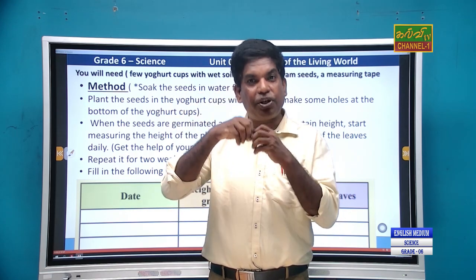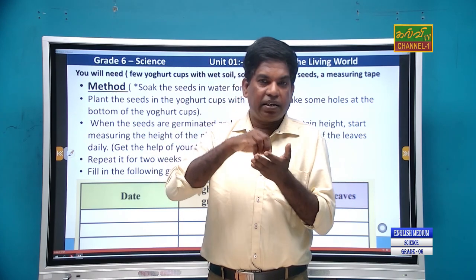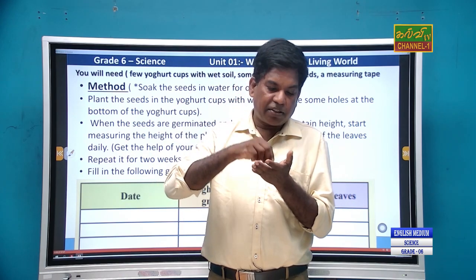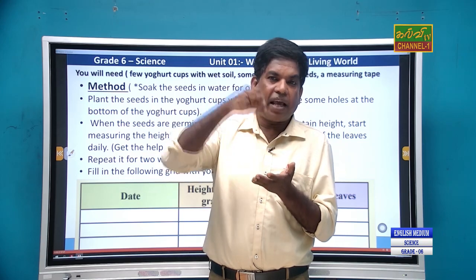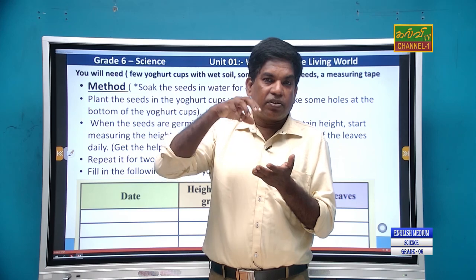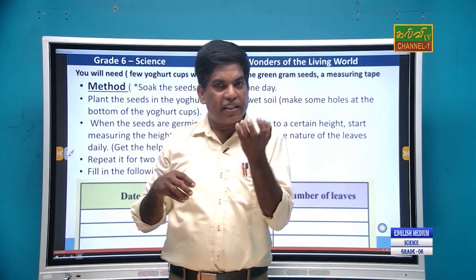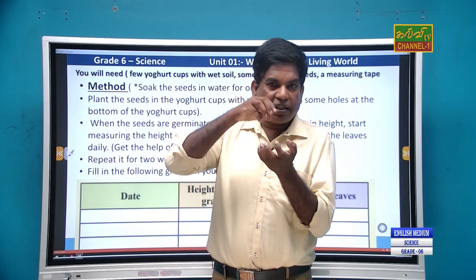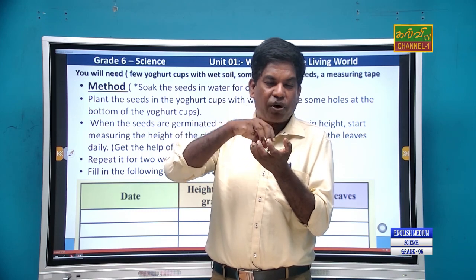Small seeds which are going to germinate have to become big size and produce leaves and roots. That is germination. So initially we take the yogurt cup and place the wet sand or soil.